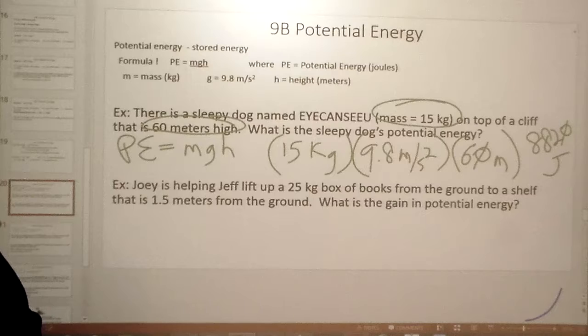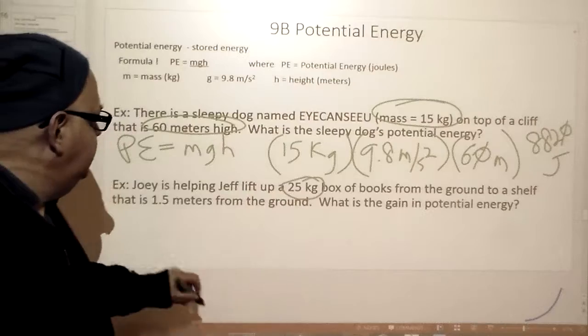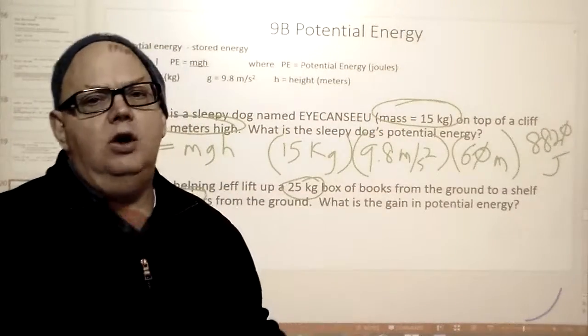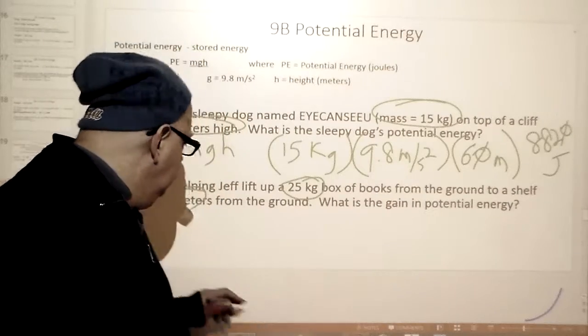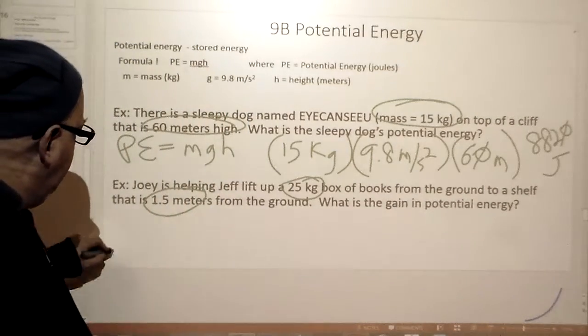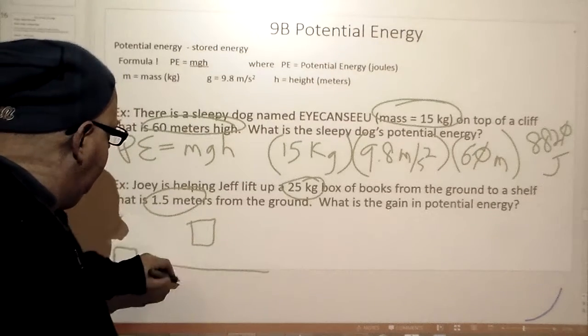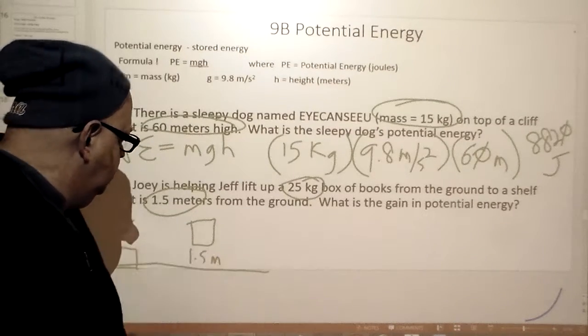So here, Joey is helping Jeff lift up a 25 kilogram box of books from the ground to a shelf that's 1.5 meters from the ground. So we have ourselves a mass, we have ourselves a height. What is the gain in potential energy? Now, the idea is, guys, that the box was on the ground, and then the box gets lifted 1.5 meters.